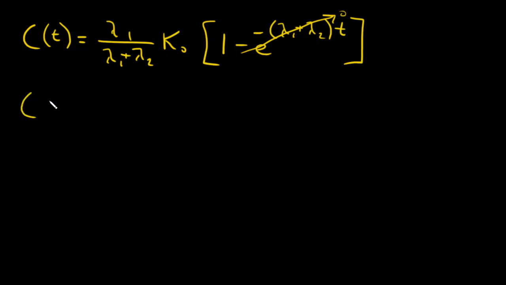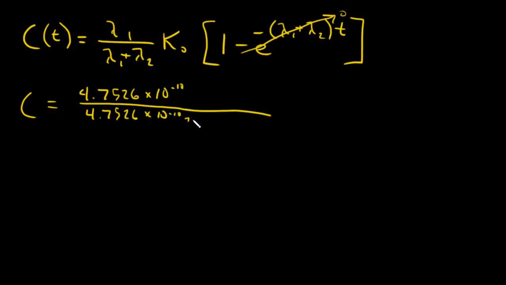So C is equal to lambda 1, which was 4.7526 times 10 to the negative 10, over 4.7526 times 10 to the negative 10 plus, what was it, 0.5874 times 10 to the negative 10.